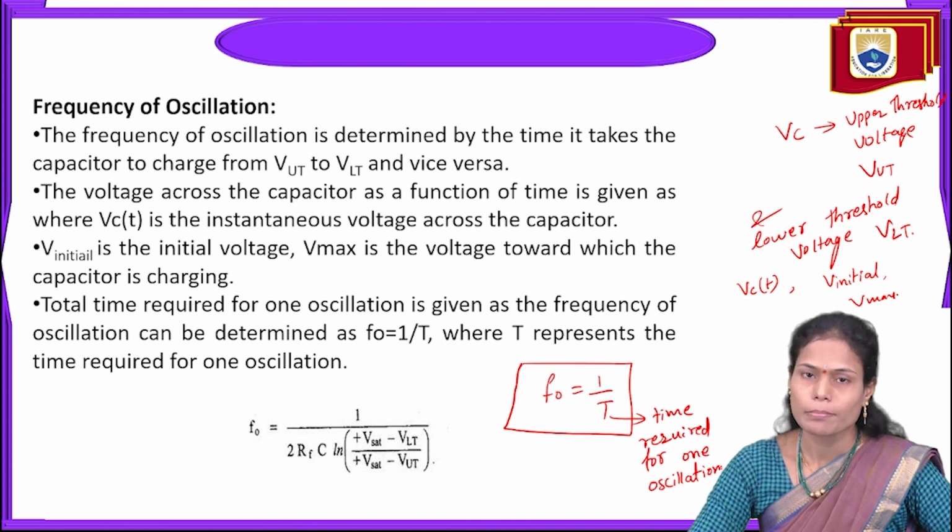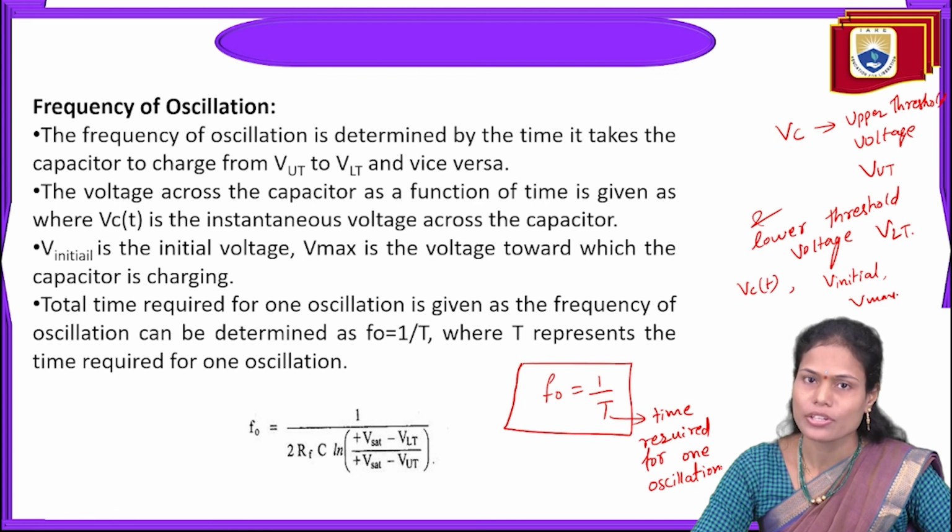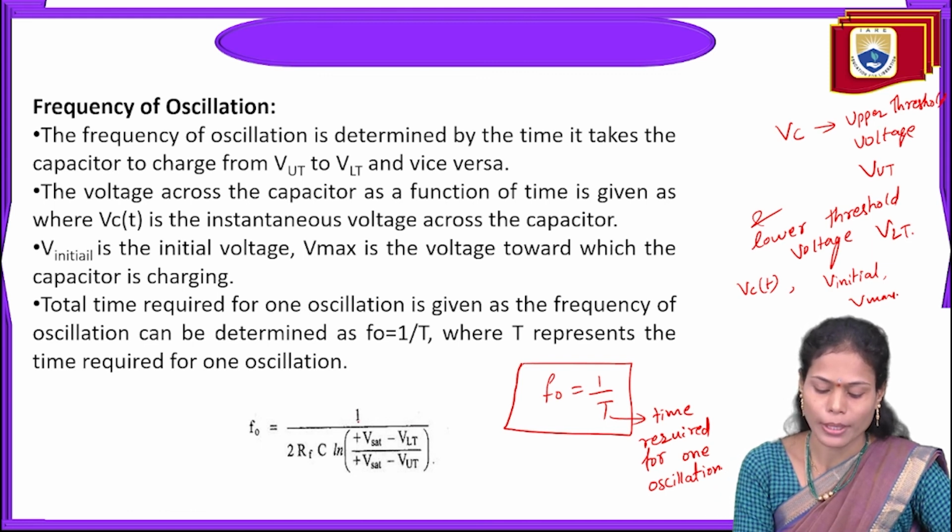So in this particular square wave generator circuit, the frequency of oscillation in terms of resistance and capacitance, in terms of capacitor voltage levels, as well as in terms of output signal voltage levels, we can write as 1 by 2 RFC.